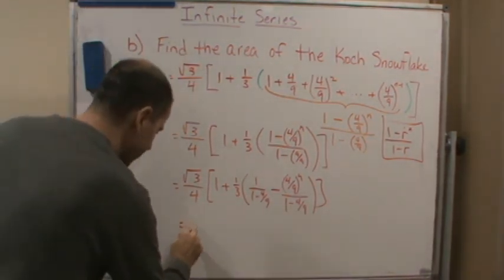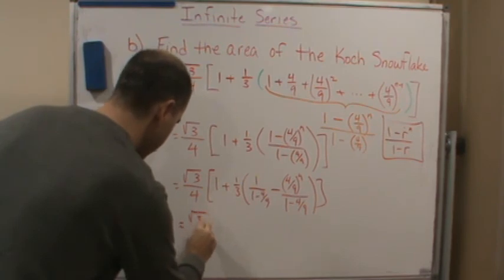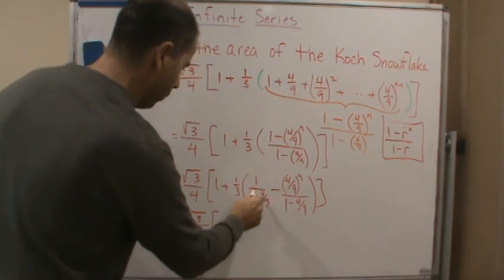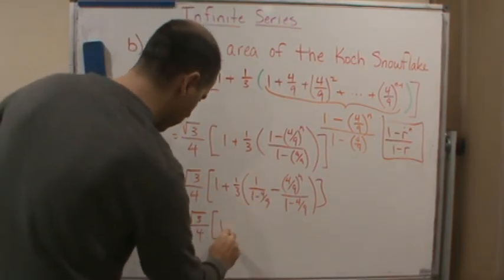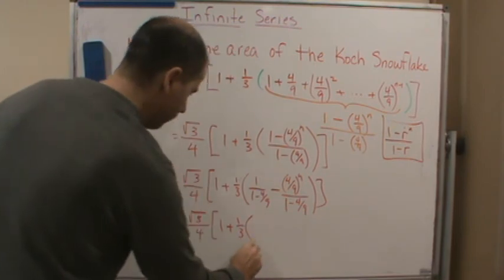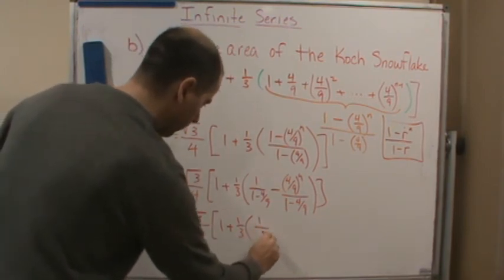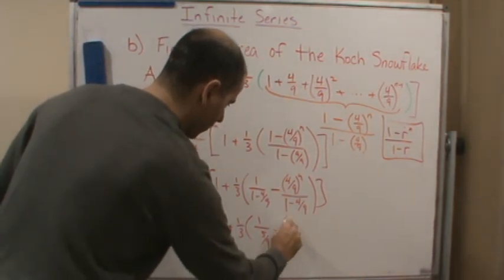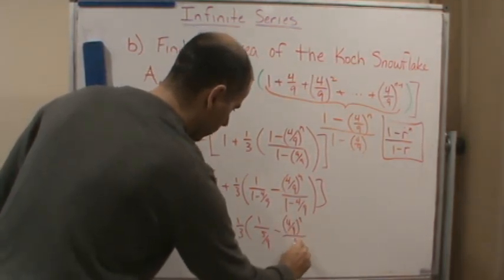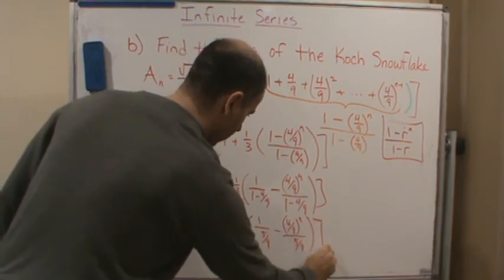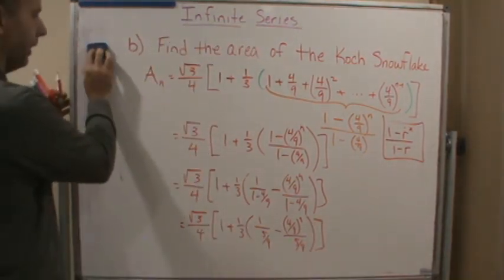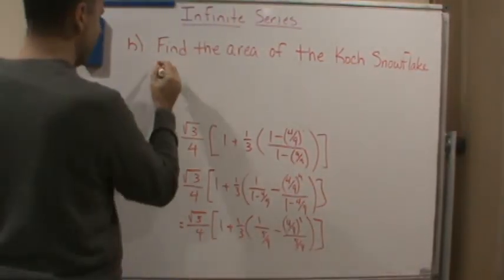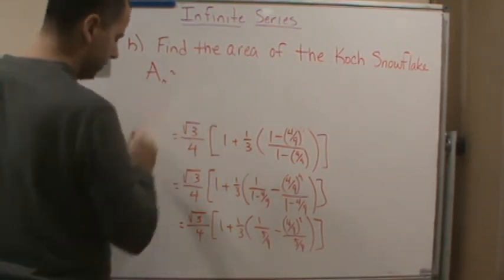And so what happens? Well, this becomes square root of 3 over 4, and this is just going to be 1 plus 1/3 times 1 over 5/9 minus 4/9 to the nth power over 5/9, right? And then, okay, we're almost to the end of a sub n. So what is a sub n? Well, let's just keep simplifying this.